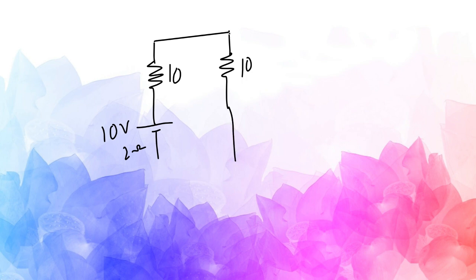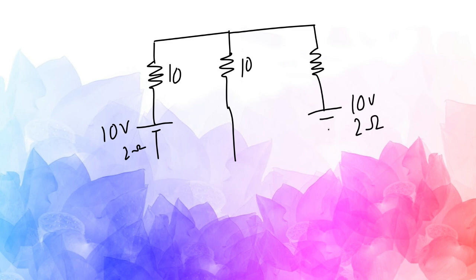So this is 10 volt with 2 ohm, and this is a 10 ohm resistance, and again this is 10 volt with 2 ohm, and this is 10 ohm.